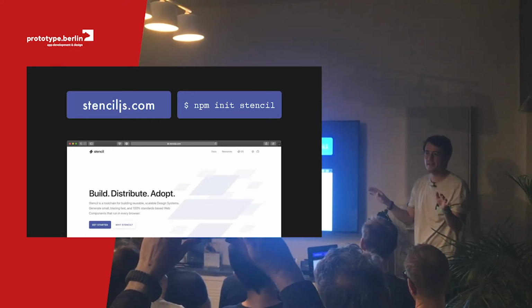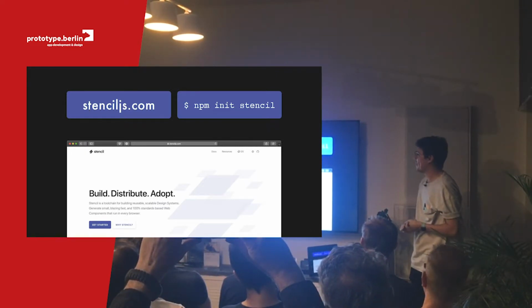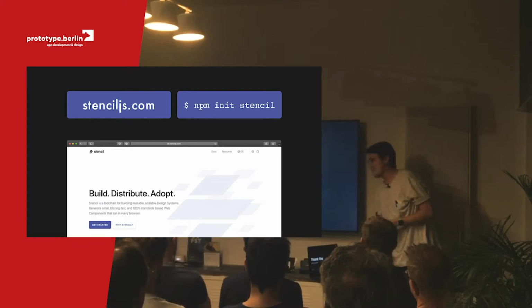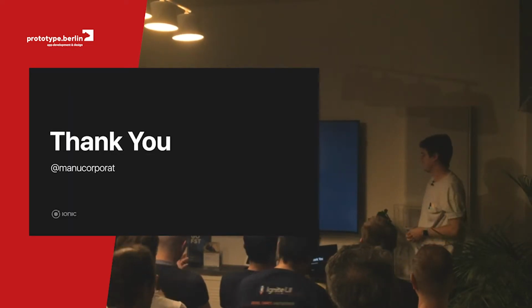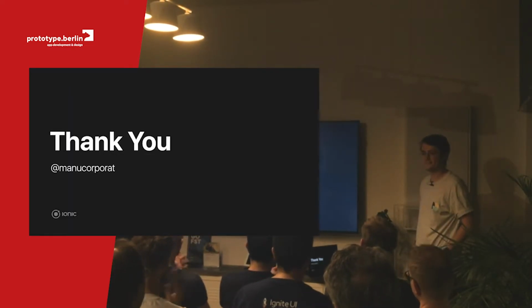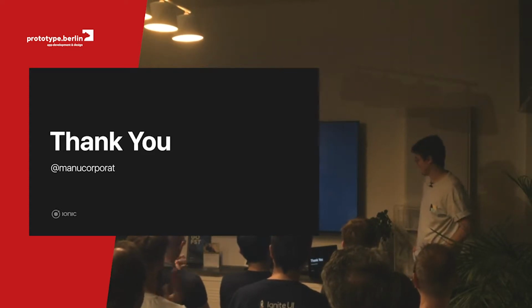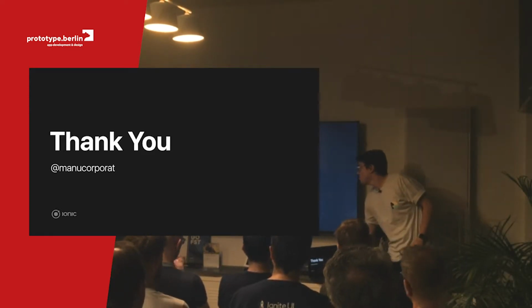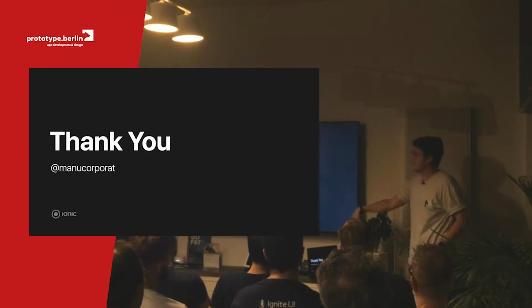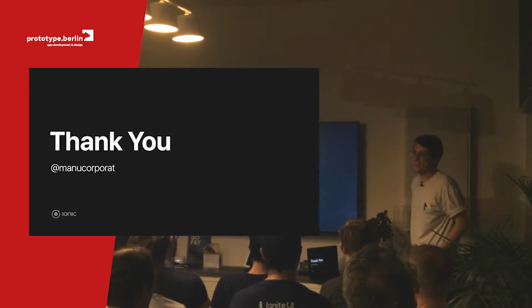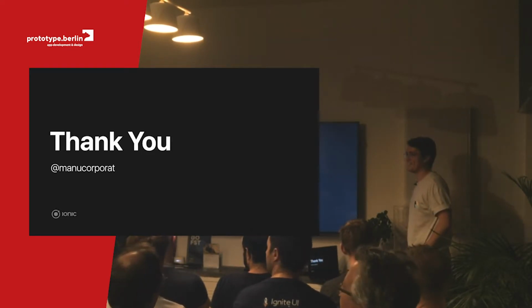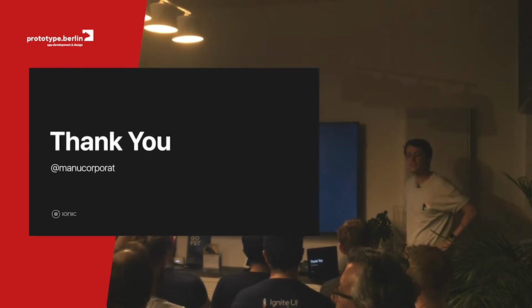We also have a new custom elements output target. What this really means is that if you have been using Stencil, you know that the main output target is one that defines all your components in the page or in your collection, and it will download the components when they are actually being used.